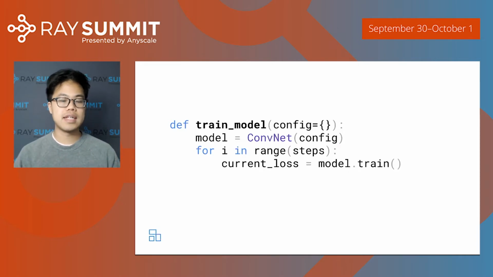It is defined by taking in a dictionary, which essentially encodes the hyperparameters. We then pass these hyperparameters into an object called the convnet, which is essentially a neural network, and we're going to train this neural network multiple times while recording its loss.